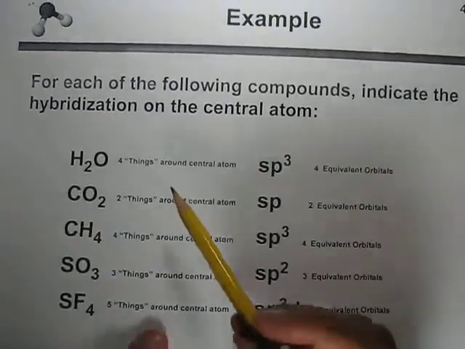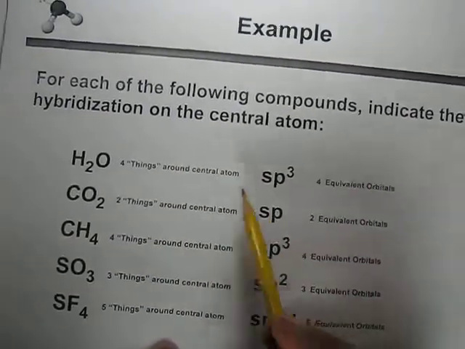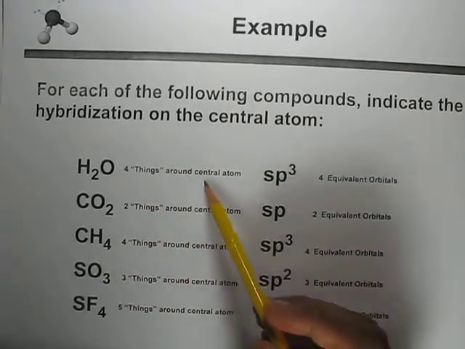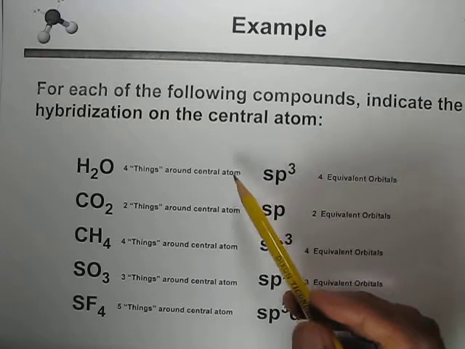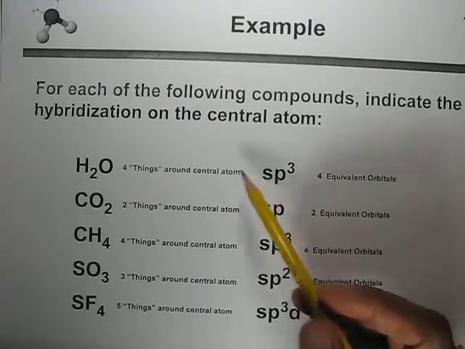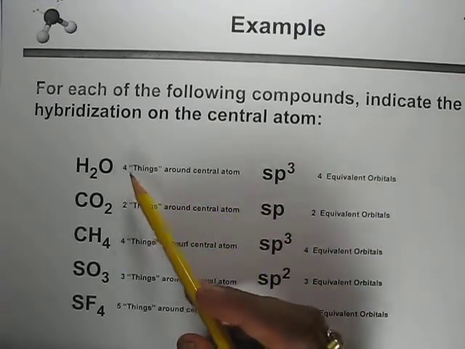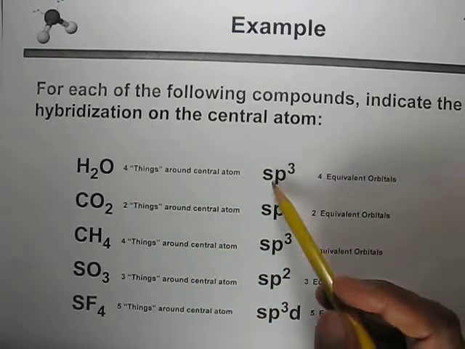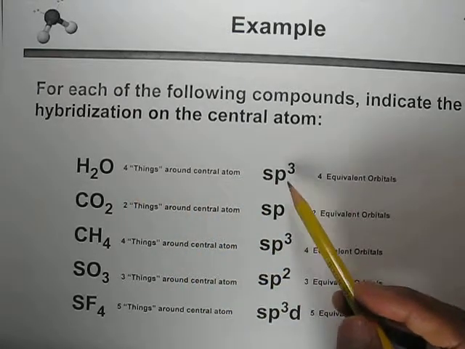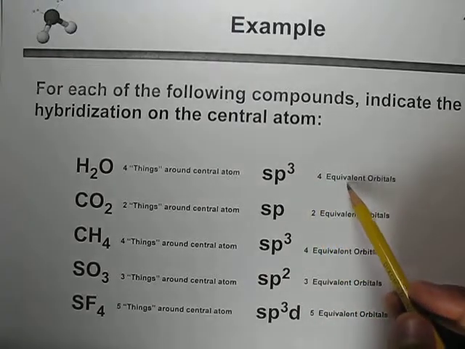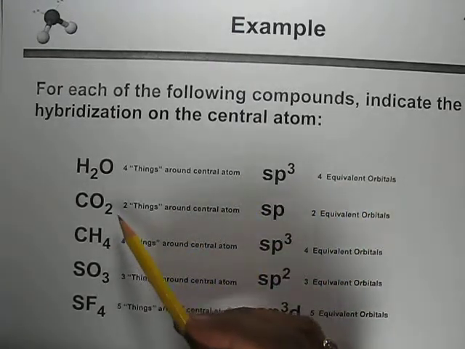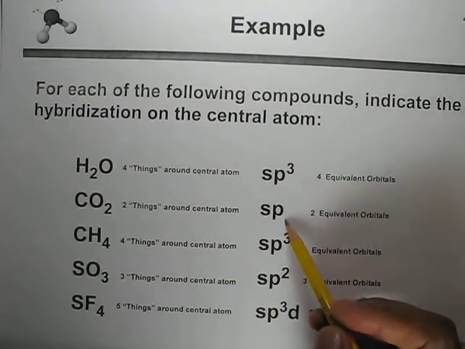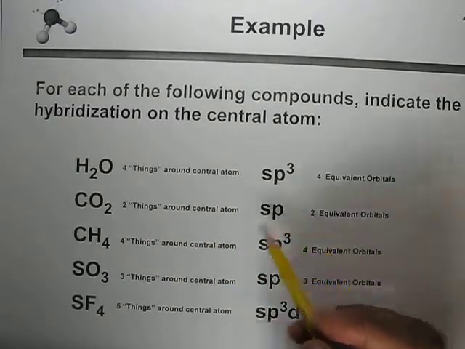This slide shows that water, when we draw the Lewis structure, has 4 things around the central atom, and with 4 things the electron pair geometry is tetrahedral, so the central atom would be sp3 hybrid. In case of carbon dioxide gas, 2 things are around the central atom, the hybridization will be sp type.